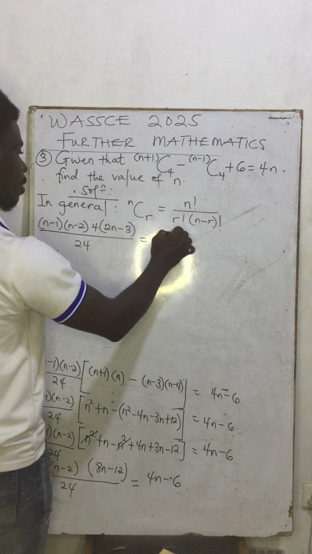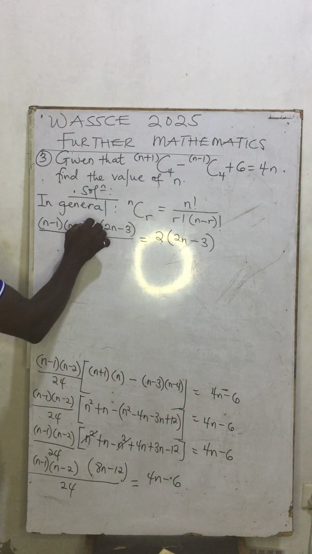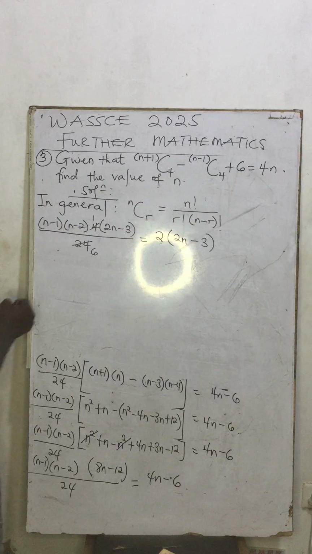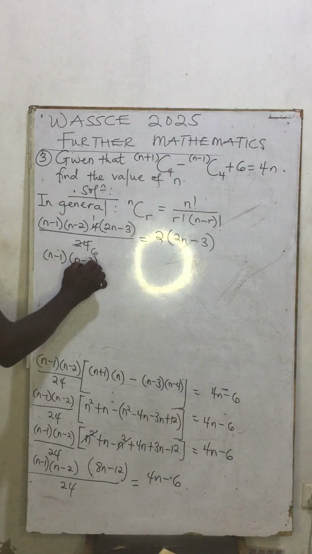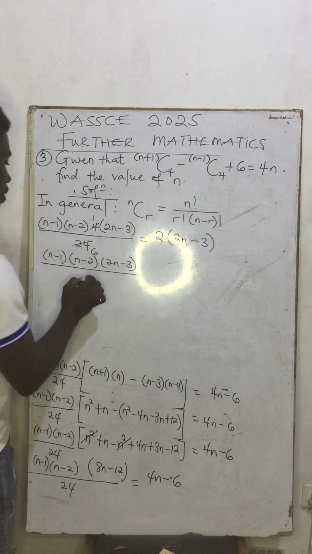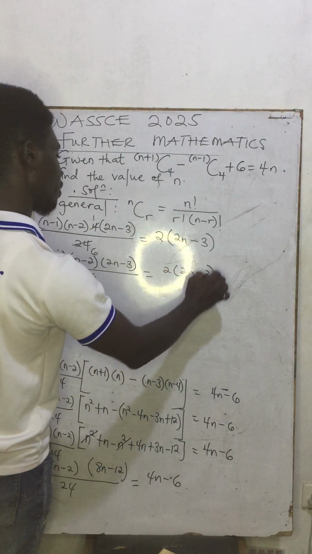So 2 out, we have 2n minus 3. Now 4 here, 1 into 24 is 6. 4, 6, 24. So we get n minus 1 times n minus 2 times 2n minus 3 all over 6 is equal to 2 times 2n minus 3.